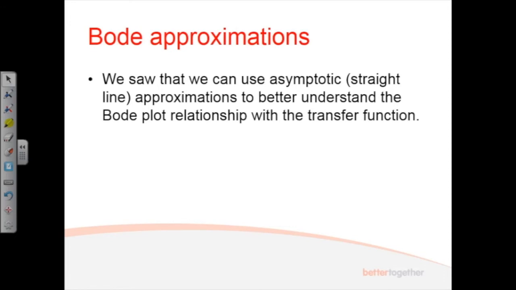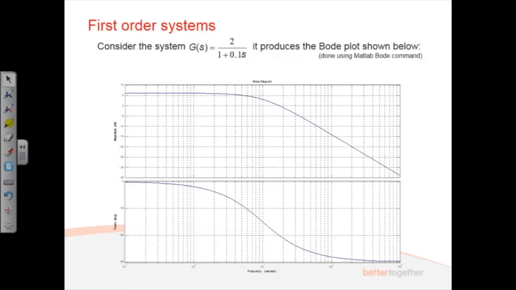We use straight line approximations to do this. That's only possible because we use logarithmic values. I just chucked a few examples in to prove it. These are MATLAB plots. Those of you that like to drive MATLAB might wish to play with this, and surprise, surprise, the command in MATLAB is simply BODE, B-O-D-E.